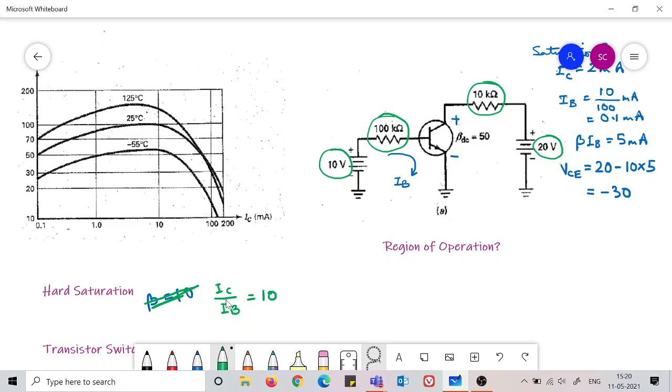If the voltages are the same and this resistance is 10 times this one, then of course this current will be 10 times this one, and then we achieve hard saturation. So this is the rough, approximate analysis. Of course I have not considered VBE because it is too small.